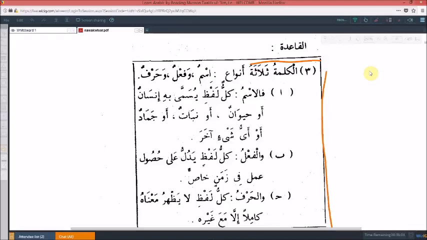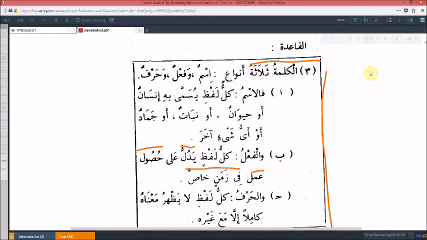Al-fi'l, number ba here, should have a dot. Wal-fi'l, the verb, kullu lafdhin, every word, yadullu ala husuli amalin fi zamanin khas, which points to the achievement or the doing of an action in a particular time.